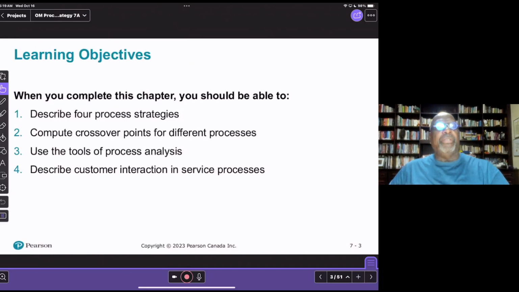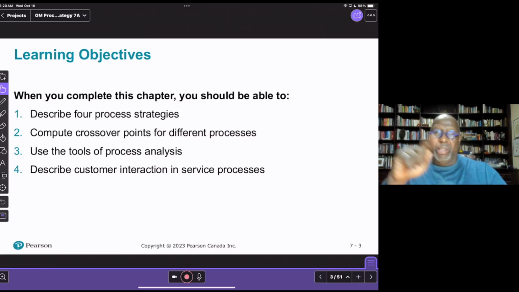In terms of understanding these different types of processes, when we finish, we're hoping that we understand different types of processes better. There are four core categories for processes that we will consider. We'll try to understand the concept of crossover points. Crossover points have to do with if we have to make a choice between different types of processes that have different fixed costs and variable costs.